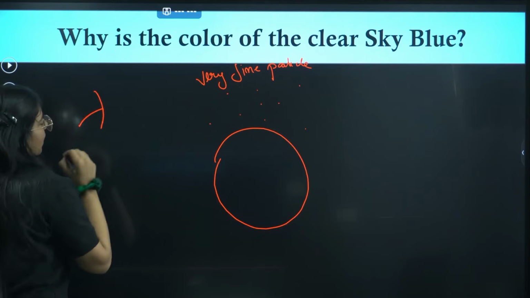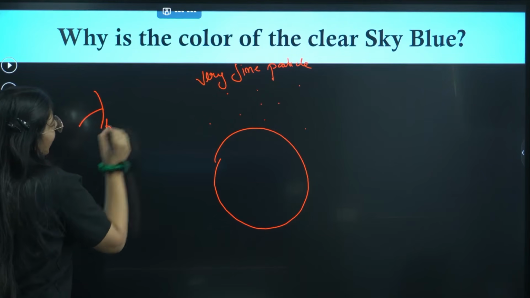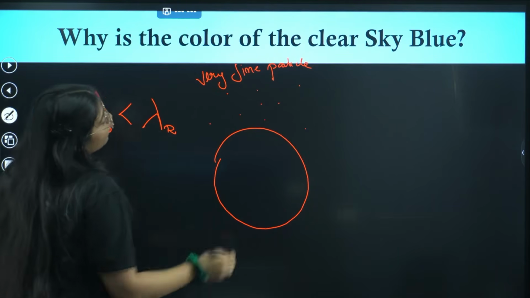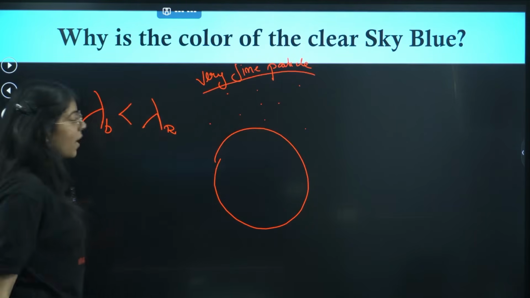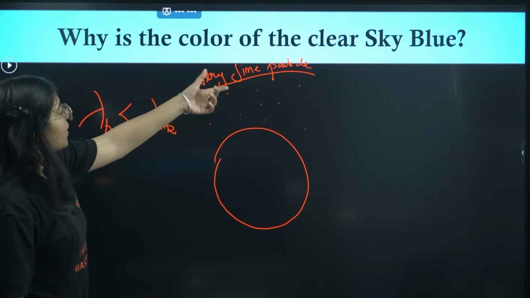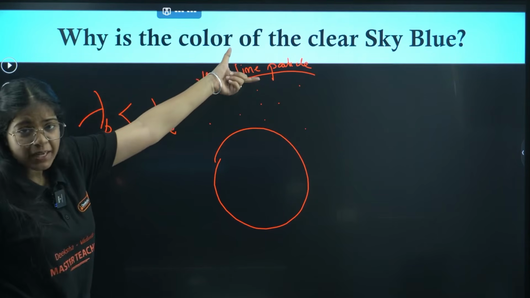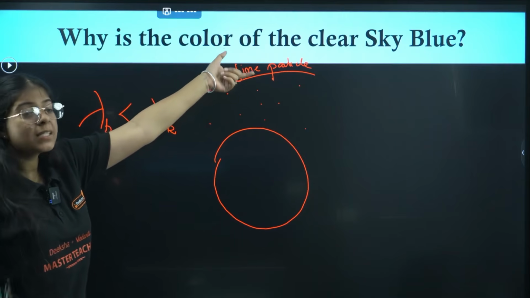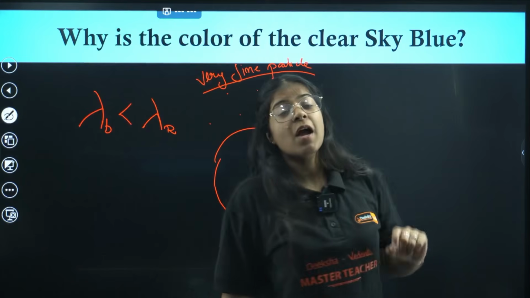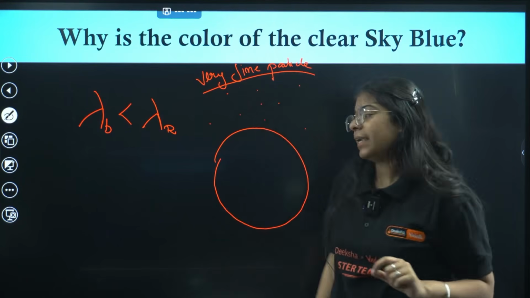My wavelength of blue light is less than wavelength of red light. Fine means very small particles. So, the size of these particles is comparable to the wavelength of blue light instead of red light.